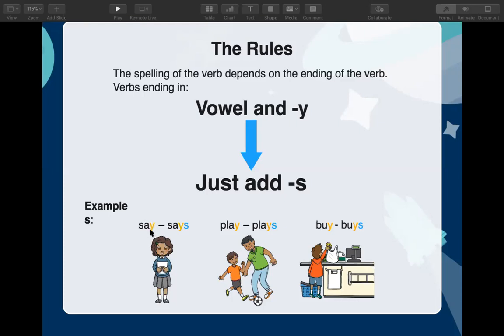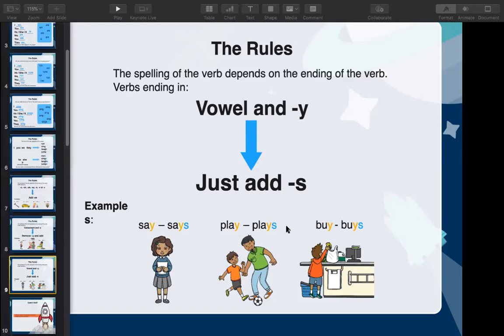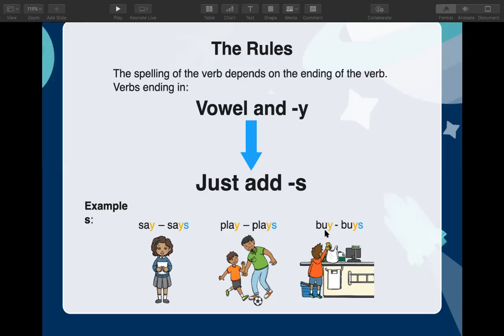Vowel and Y, vocal Y, nada más le vamos a agregar la S. Again here, termina con A, un vocal, y EY, le agregamos la S. Otra vez aquí. Termina con vocal, EY, le vamos a agregar la S. Okay, boys and girls? So those are the most common rules.